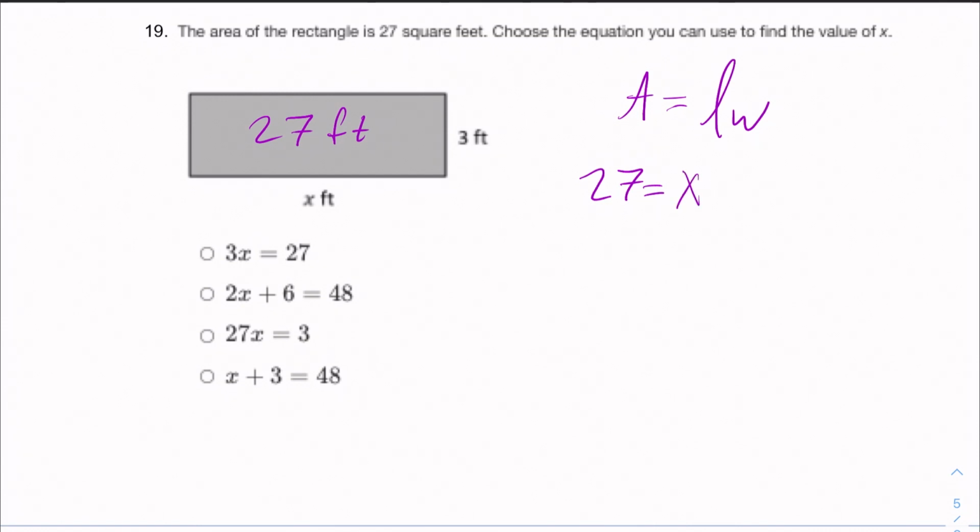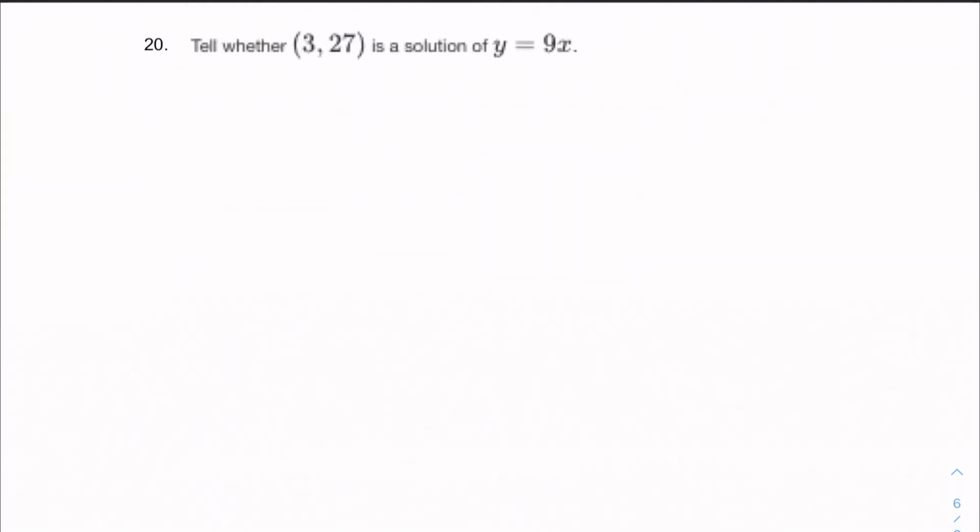I don't know what the length is, but we can see that the width there is 3. So it's 27 equals x times 3. Where is that over here? Oh, look, 3x equals 27. This one. Those are the same thing. So I could use that equation to solve for the length. It doesn't tell me to do that, though. So I'm moving on.